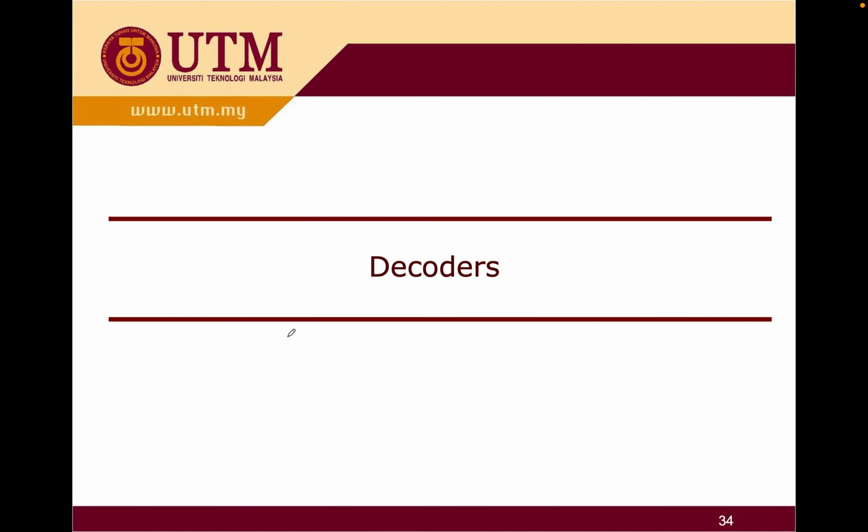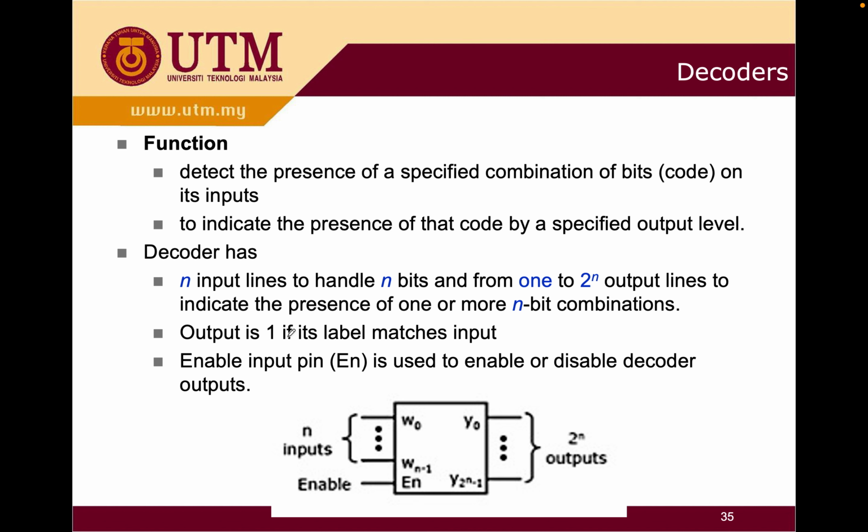Okay, so next you can see you have decoders. How about decoders? Last time you already learned in your module 1 about the functions of a decoder. So this is like a recap also, because you need to learn other things about functions which are similar.